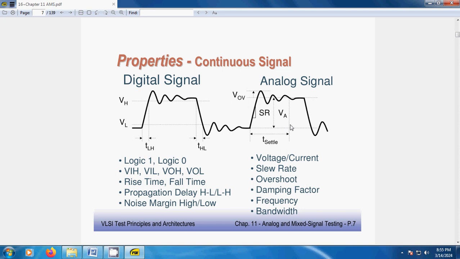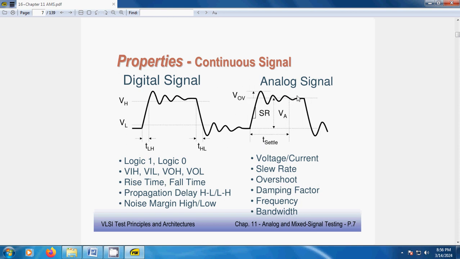Only after the settling time, the stimulus that you give, either voltage or current, will be established within the circuit. The damping factor decides the settling time, and then we have the frequency of operation and the bandwidth.